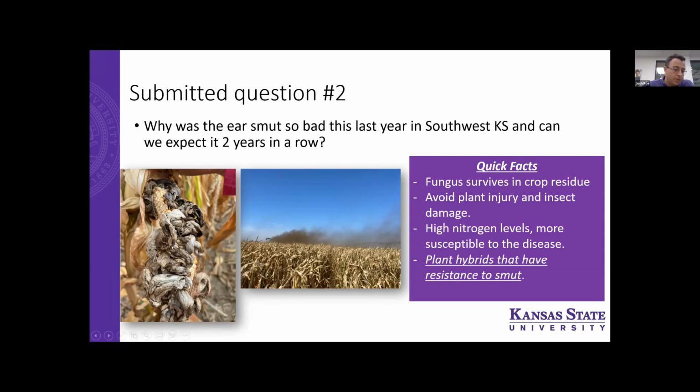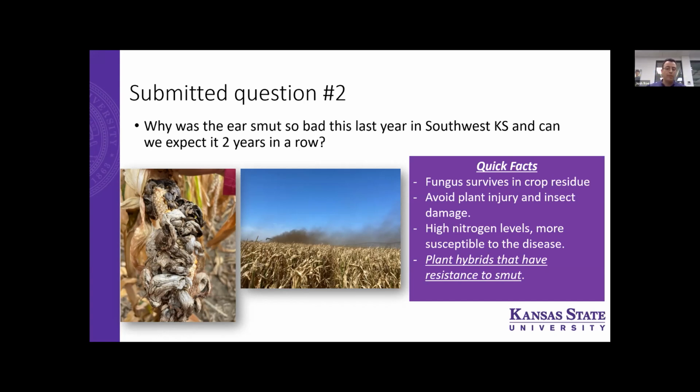It's basically those galls that develop, which can be on the ear, up the stem, and sometimes on the leaf. But here we have a combine going through a field, and all that black spores or black smoke you're seeing there, it's not fire, it's corn smut. This was a really bad field in that southwest part of Kansas.